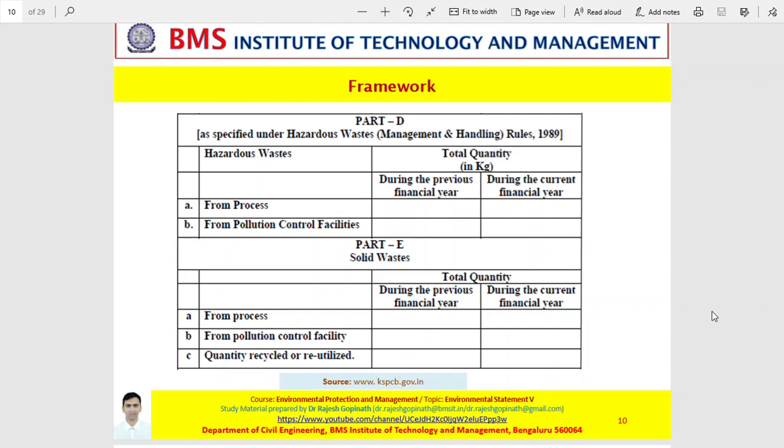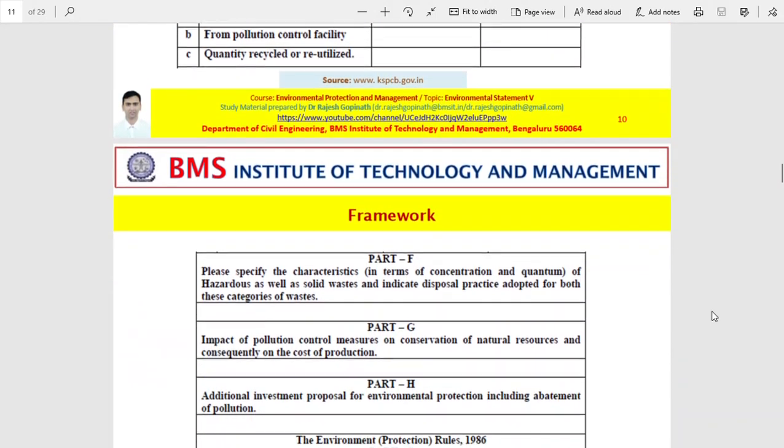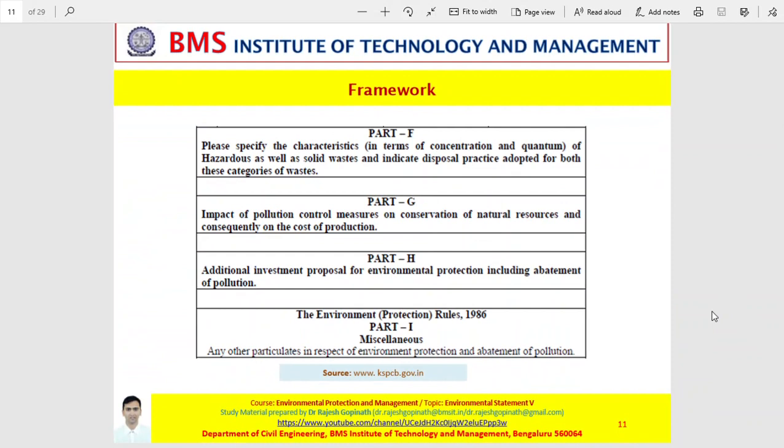Let's move on to slide 11. Slide 11 shows part F. If you recollect, in the previous part, that is part D, we had spoken about hazardous waste.